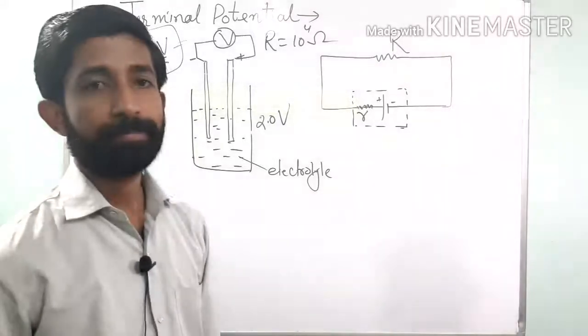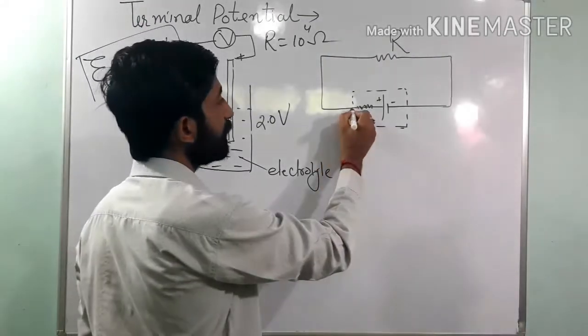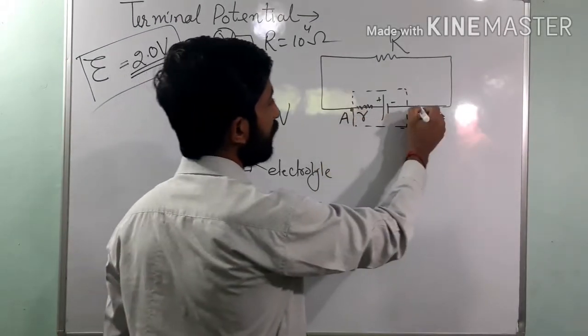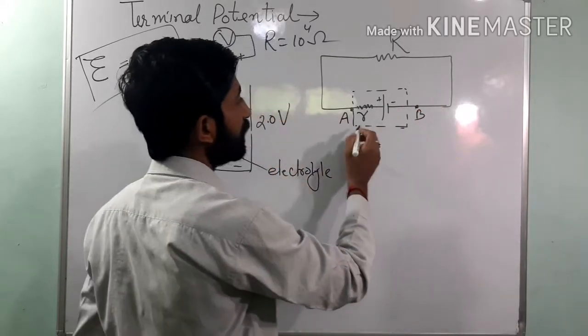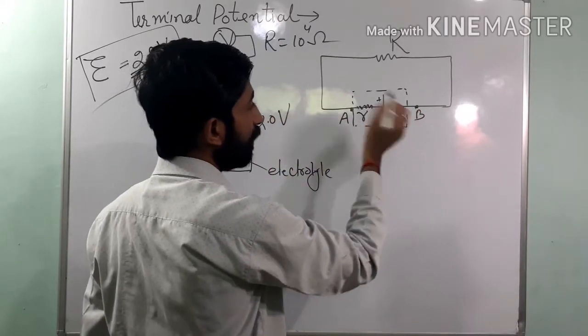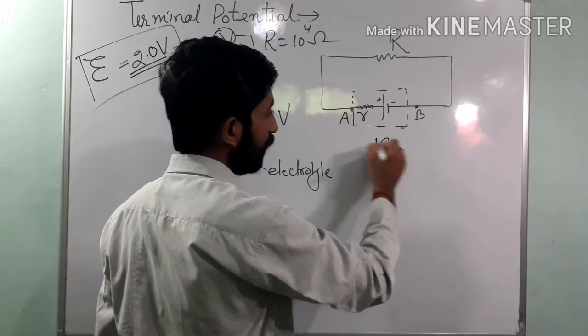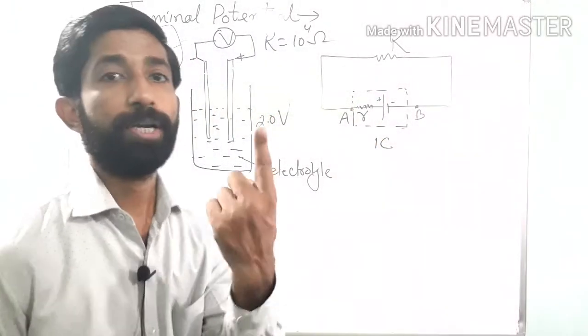A cell. So if these are the points A and B out of the cell, mind that, then a charged particle, say of 1 coulomb, how much? 1 coulomb.